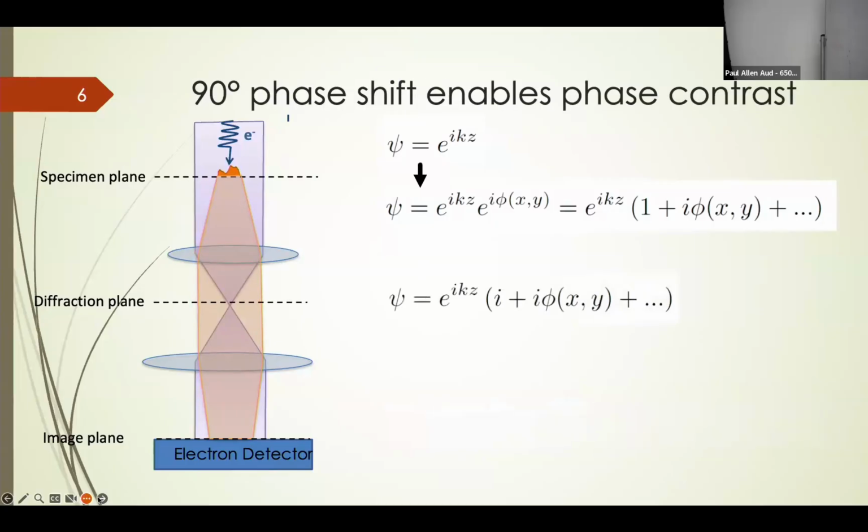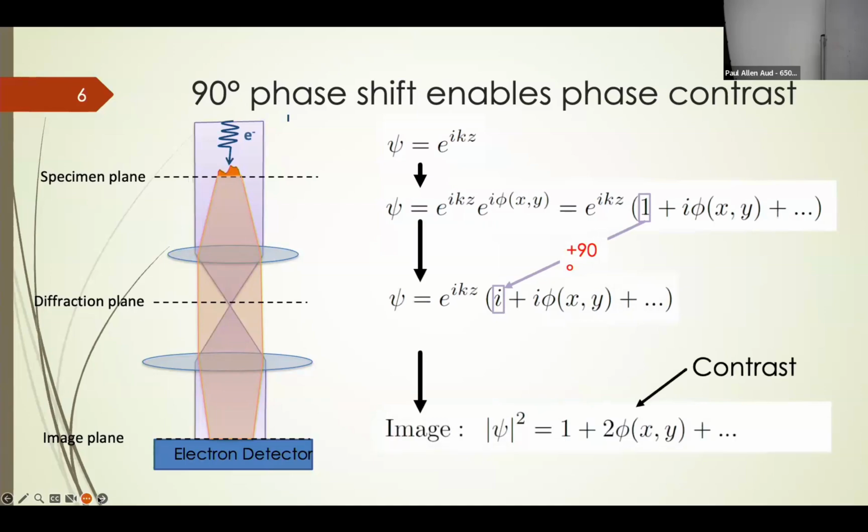If you could take the 1 over here, which represents the undiffracted component of the electron beam, and phase shift it by 90 degrees, then the 1 plus i phi is changed to an i plus i phi. And if I now take the absolute square, I get a first order effect of the phase shift and therefore maximum contrast.